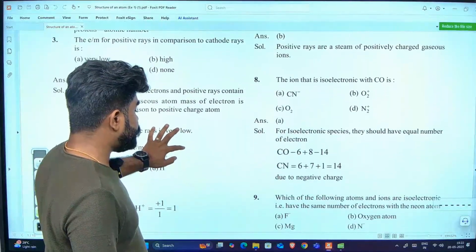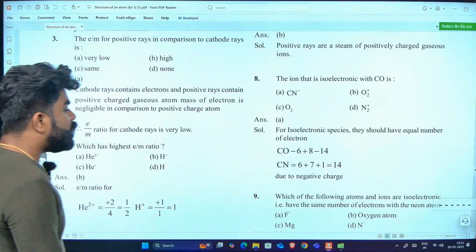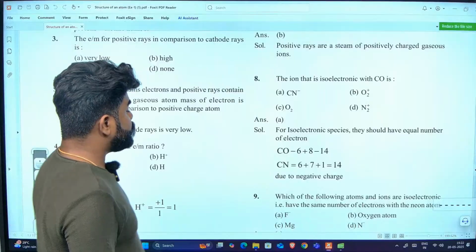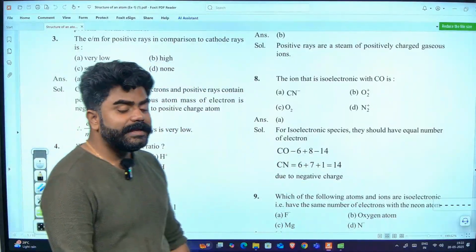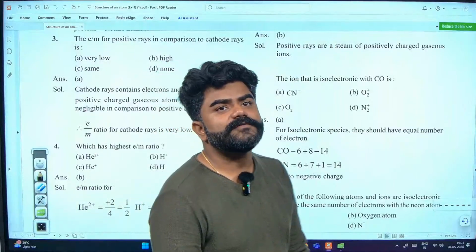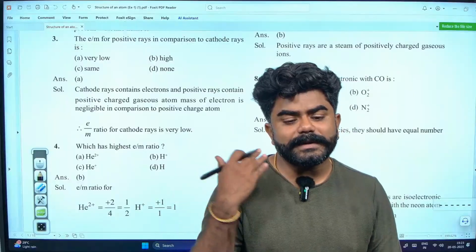Come to the 9th question. Which of the following atoms and ions are isoelectronic, that is, they have the same number of electrons as the neon atom? So what is the number of electrons in neon? You should know the atomic number. Neon's atomic number is 10.